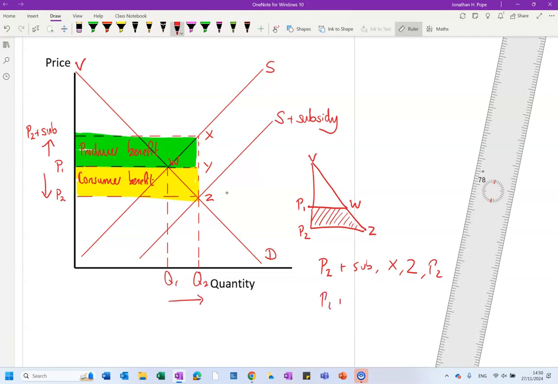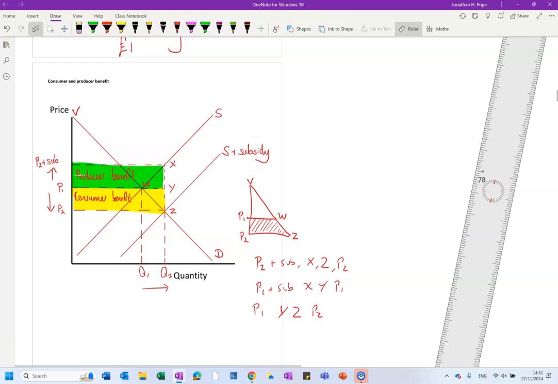So P2 plus sub, X, Y, P1 and P1, Y, Z, P2. So you could section off each of those as well, and you can show what the effect of all of those is. Absolutely very good for everyone other than the government, and we can definitely use that word opportunity cost. What else is being foregone as a result of having to pay for this subsidy?